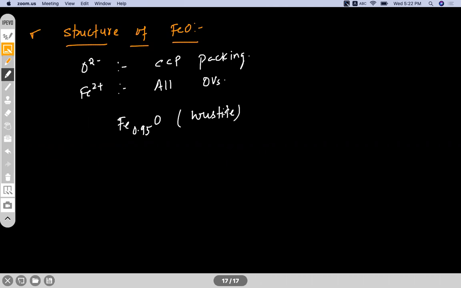Right now, in this type, some of the Fe2 plus ions, divalent ions, in octahedral voids are replaced by Fe3 plus ions.